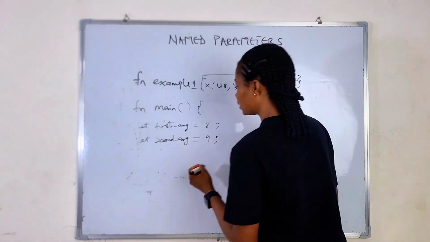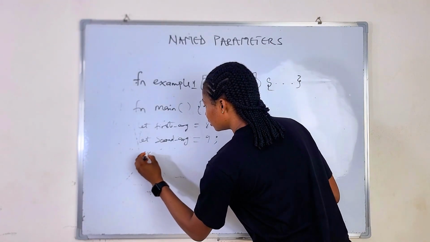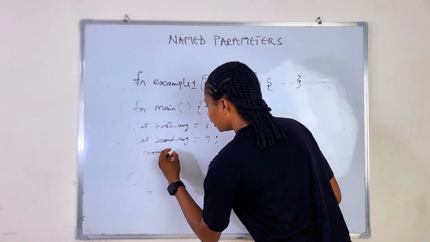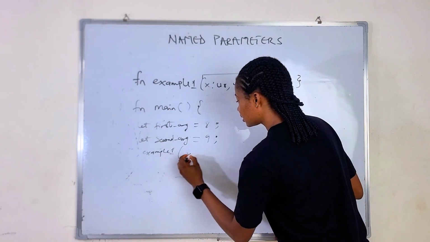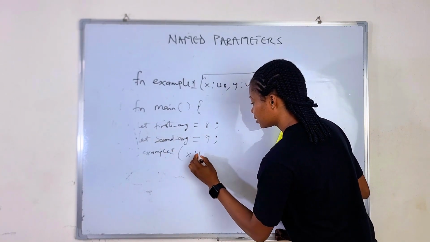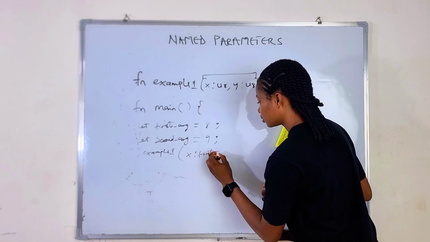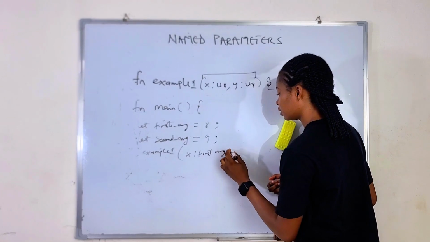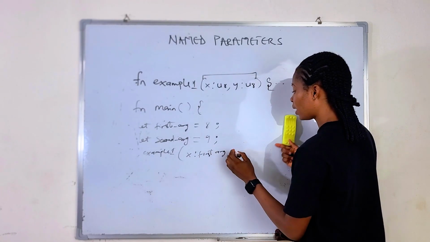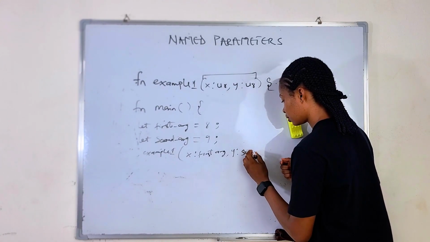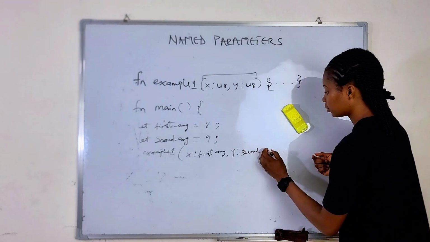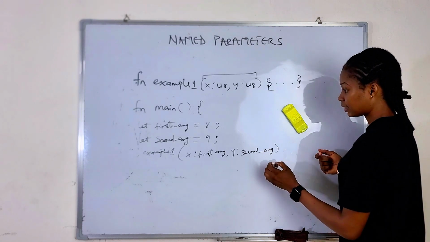So what I'm going to do is I'm going to say example1, and then I'm going to say x is first arg, comma, and then y is second arg, right?